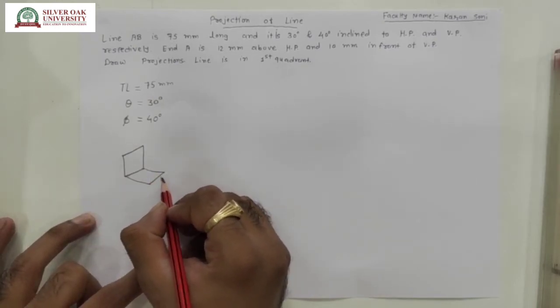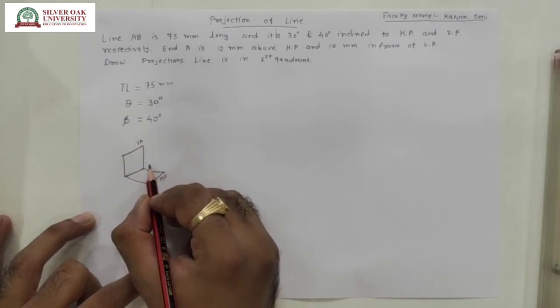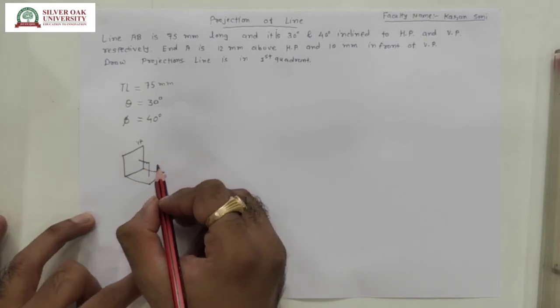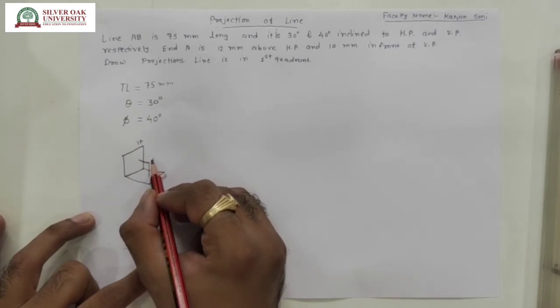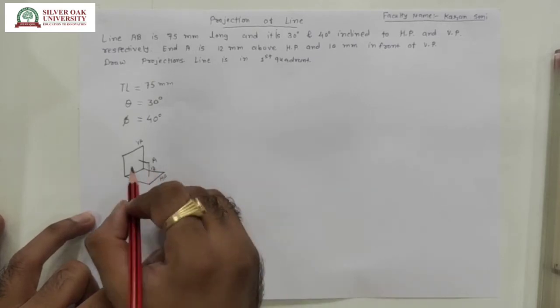So this is 12 mm with respect to the horizontal plane and 10 mm with respect to the vertical plane, and this is our point A.